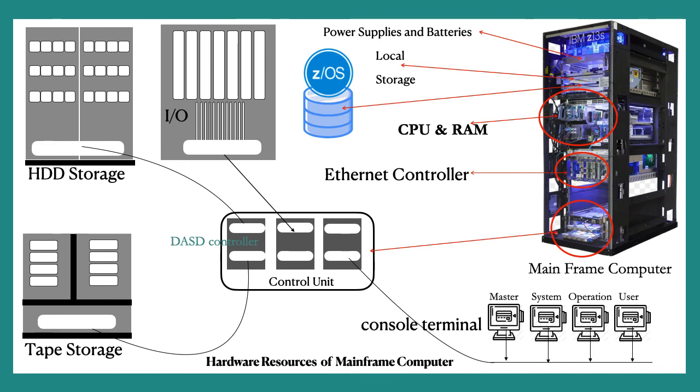As you can see at the bottom, there are three control units. The first of these control units is what we call the direct access storage device controller, or basically called the DAS controller. This DAS controller is usually the termination point that controls the storage devices of the mainframe computer.